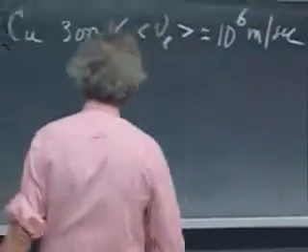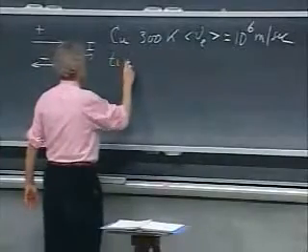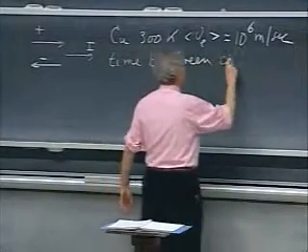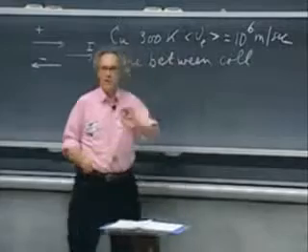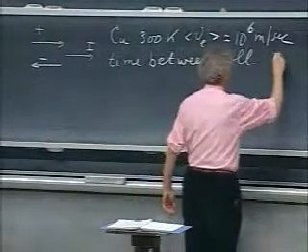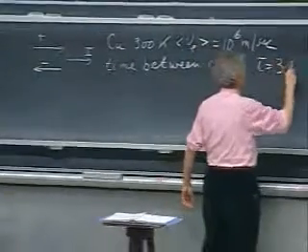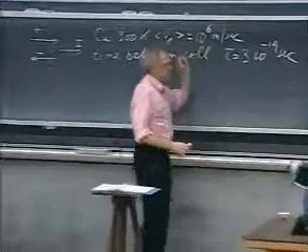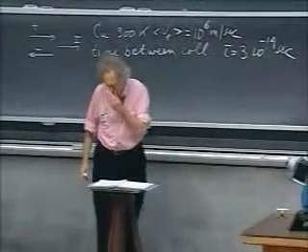The time between collisions of the free electron with the atoms, I call it tau, is about 3 × 10⁻¹⁴ seconds. No surprise, because the speed is enormously high.